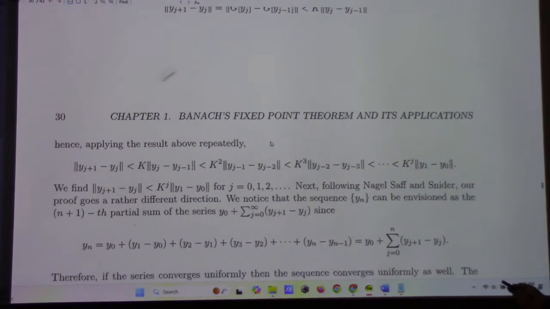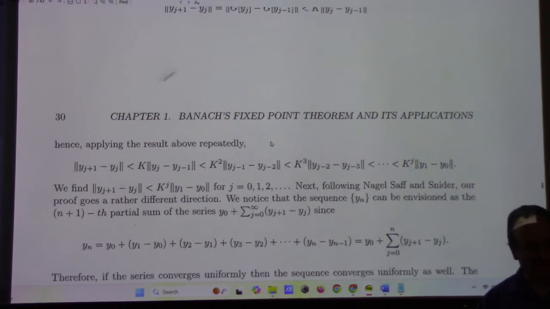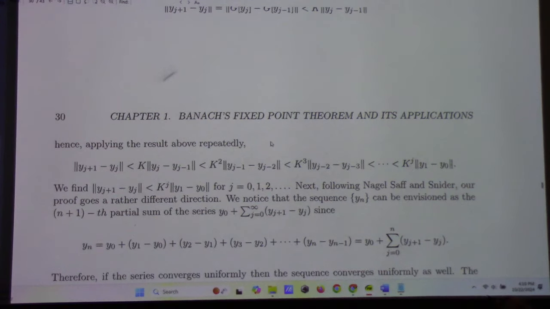And so following Nagel, Saff, and Snyder, this is where we depart from the previous lecture, like big time. So check this out. We rewrite the nth term as this sum.